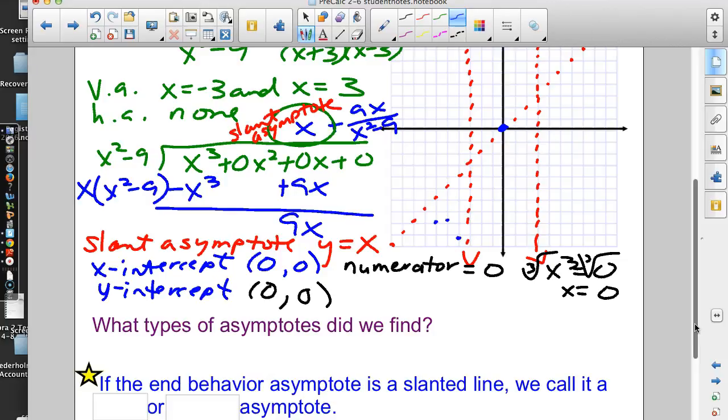That's all I would need to grab from the table, because here's what I know. Those branches must approach the asymptotes without ever touching them. Here's an asymptote right here, here's an asymptote right here. Has to look like that. Absolutely has to.